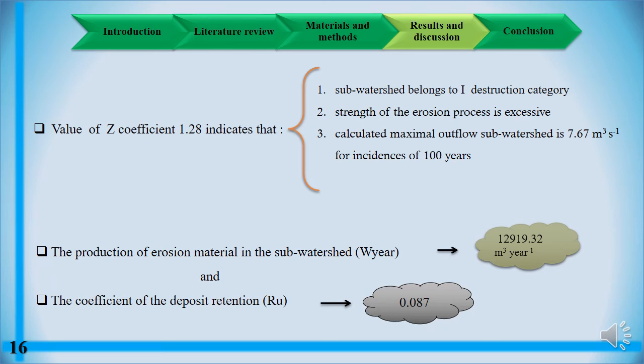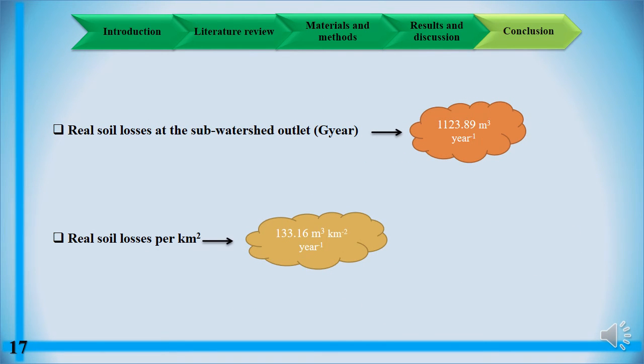The coefficient of the deposit retention is estimated at 0.087. Real soil losses at the sub-watershed outlet was computed at about 1,124 cubic meters per year, and the real soil losses per square kilometer was estimated as 133.